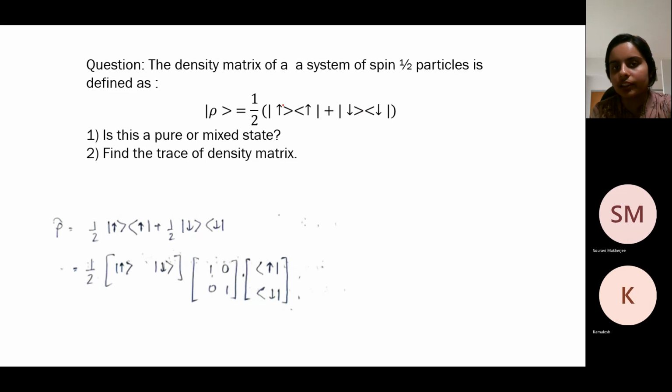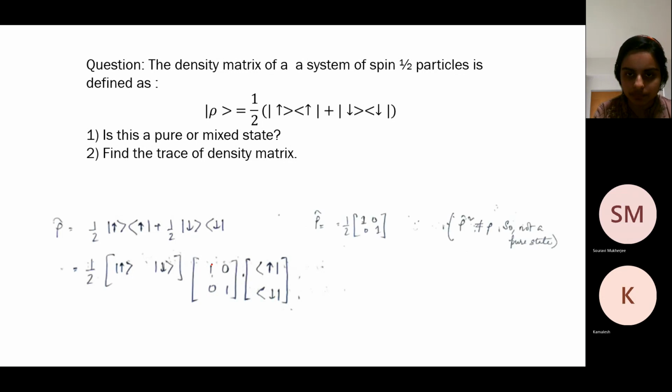You could have had other combinations where you also have up-down and so on. But in that case, there will be different microstates with different probabilities, but that would not be one microstate. Then it's a mixed state. When you have multiple microstates possible, it's a mixed state.